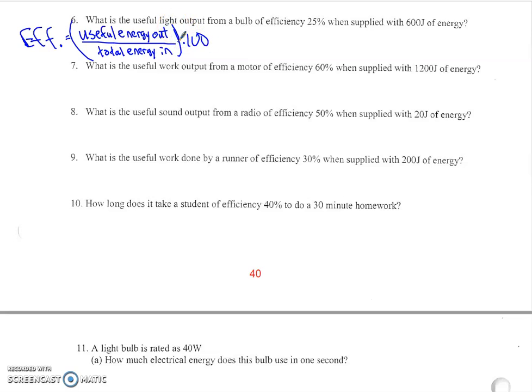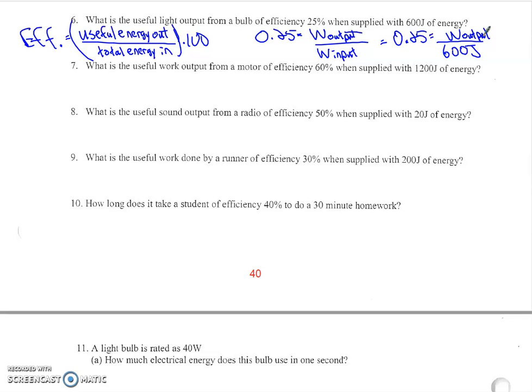Now they just gave us the percentage, so now I have to turn that percentage back into a decimal, 0.25 instead of 25%, and that's going to equal the work output divided by the work input. Now in this case, we have that 0.25. The work input was that 600 joules. That is what that bulb is being supplied with, 600 joules. So they want to know, what is the output? How much light energy is it giving off?